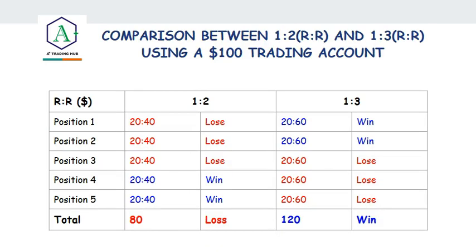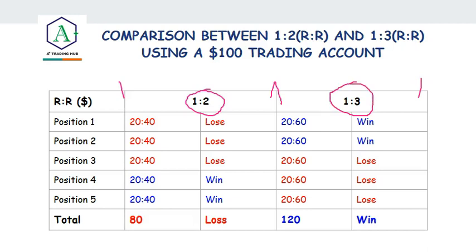So this is a comparison between 1:2 risk to reward and 1:3 risk to reward using a $100 trading account. If you look at this table, from here to here are trades that we took using a risk to reward of 1:2. Then from here to here are trades being taken with 1:3 risk to reward.